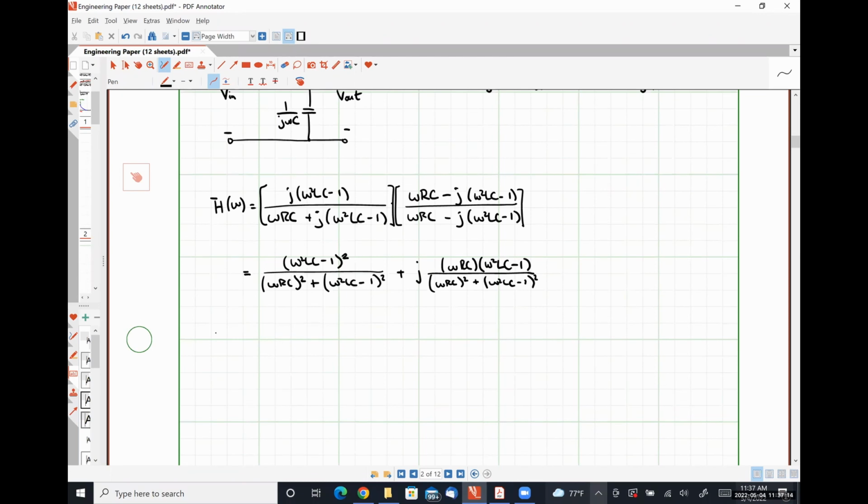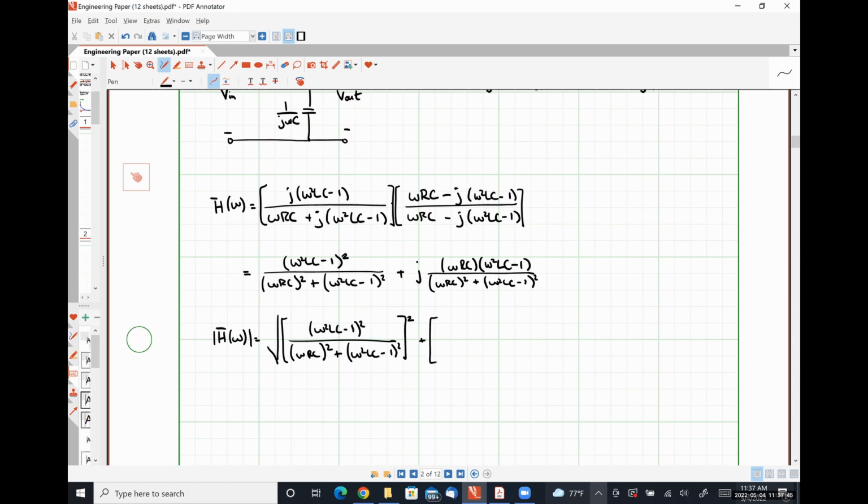So our magnitude response is going to be the real part squared. So omega squared LC minus 1 squared over omega RC squared plus omega squared LC minus 1 squared, this whole thing squared.